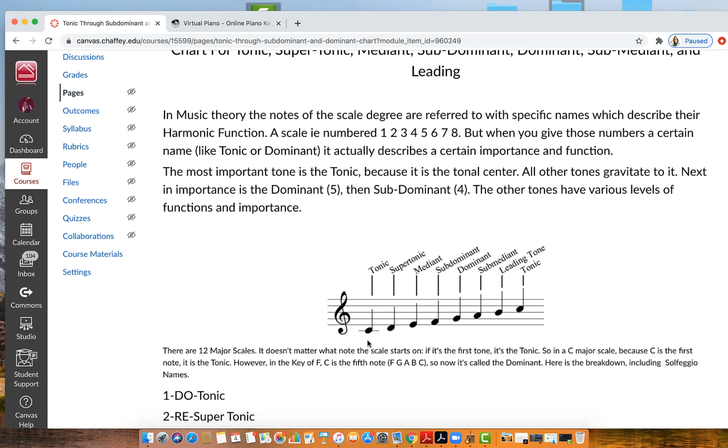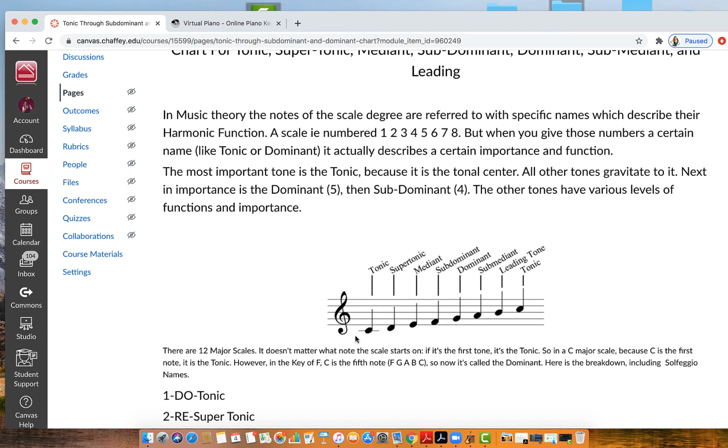So when we look at, in the key of C, that's number 1, it's not just number 1. That's the most important tone in the scale. It's the tonic tone. All other tones, whatever's happening melodically, harmonically, somehow they all gravitate around the tonic.